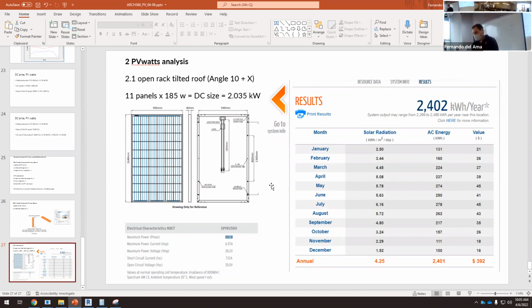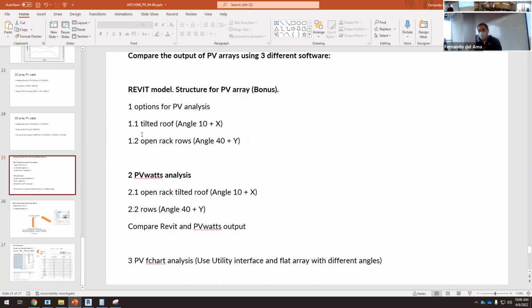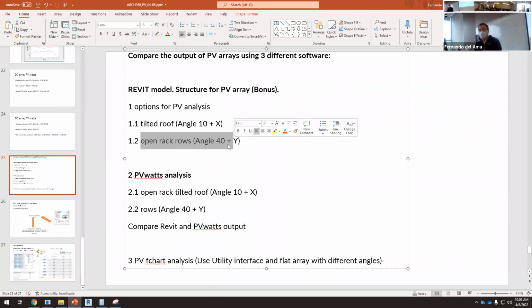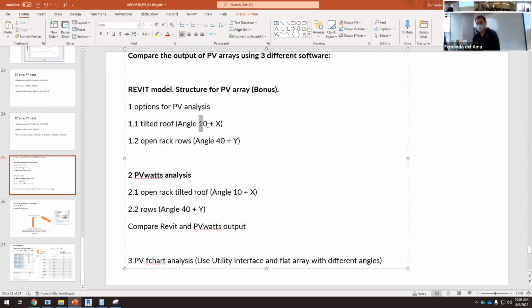Okay, so there's a third analysis, which is the F chart analysis. You have to do the same now with an open rack with a 40-degree angle. Okay, so you have done this with 10, now you have to do the same with 40. We're going to work with the PV F chart. Here you have to use utility interface and flat array with different angles.